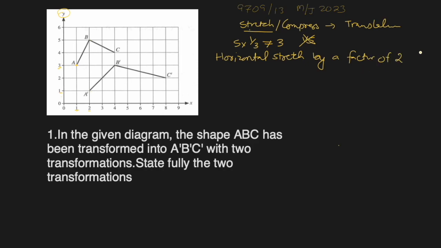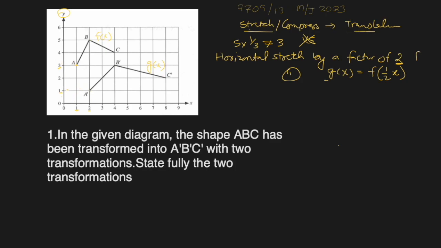Which can be written as, if this was f(x) and this is g(x), then g(x) is f(half of x). When we say stretch by a factor of 2, in the function we write the reciprocal of that. Okay, so this is the first transformation. Second, we'll go to the translations.